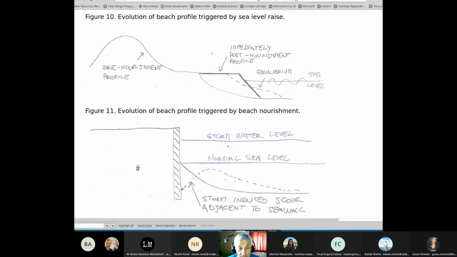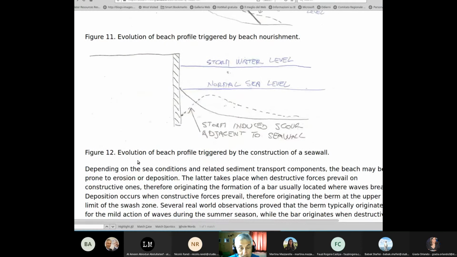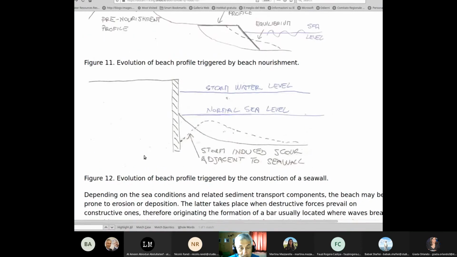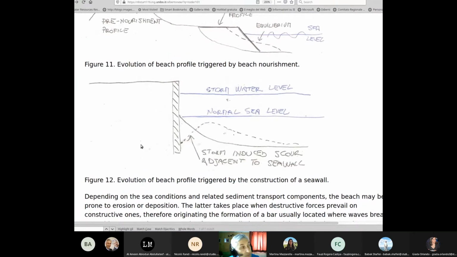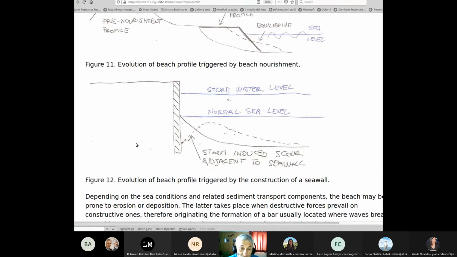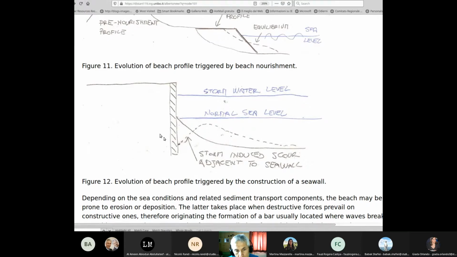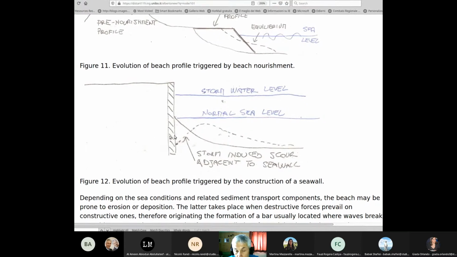And then the last sketch is what happens with the construction of a seawall. This is another important situation to know, because what you have to know is that when you build a seawall, you induce erosion at the foot of the wall.